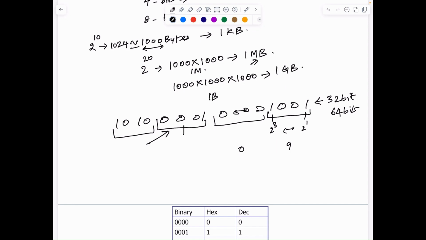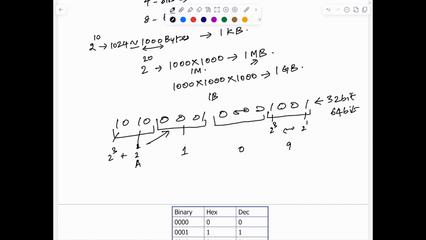Okay. And then 4 bits, 1 nibble, it's actually 1 hex digit. So in this case, 1001. It's actually 2 power 3 and then 2 power 0. So basically we have 9.